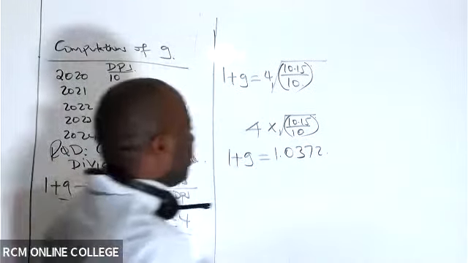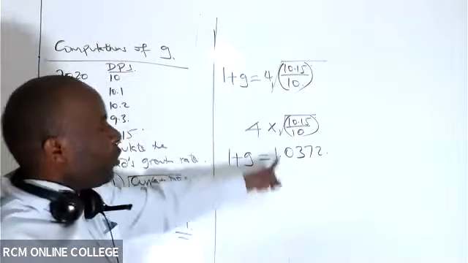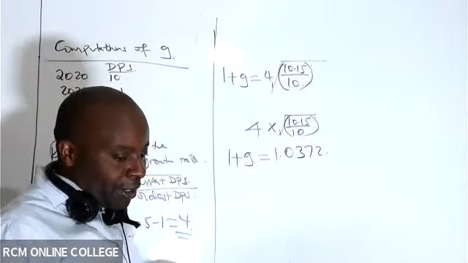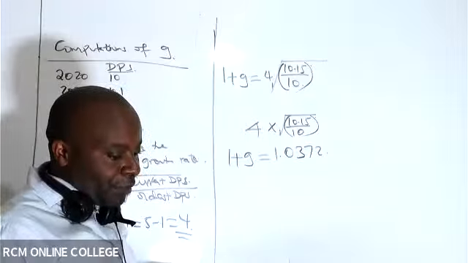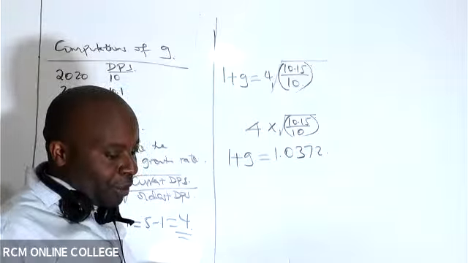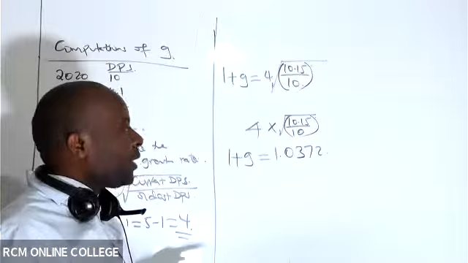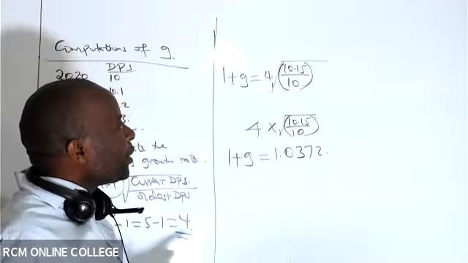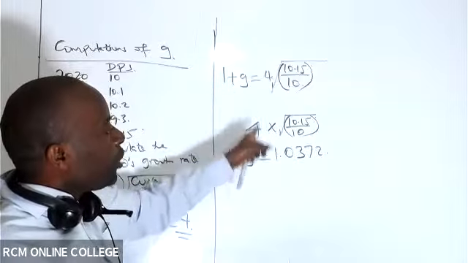So is there somebody who is able to get this item to be 1.0372? Anybody who is able to get that 1.0372?